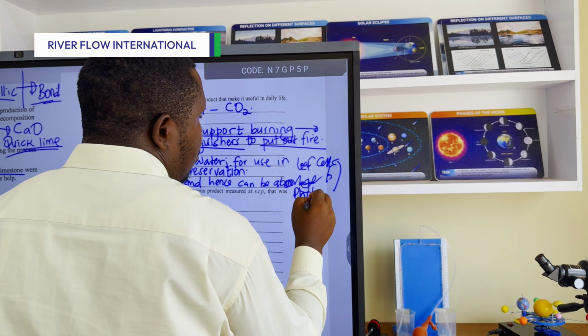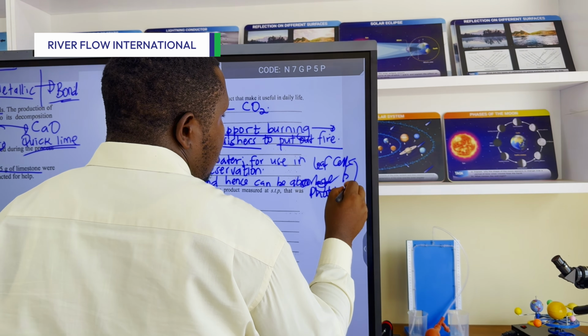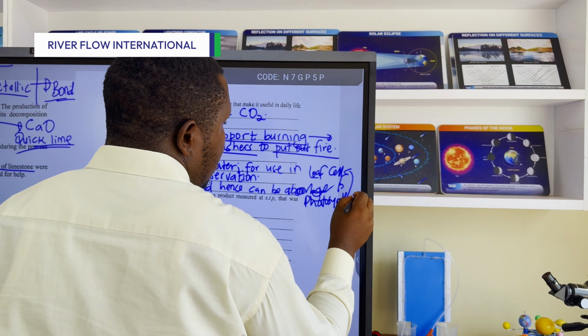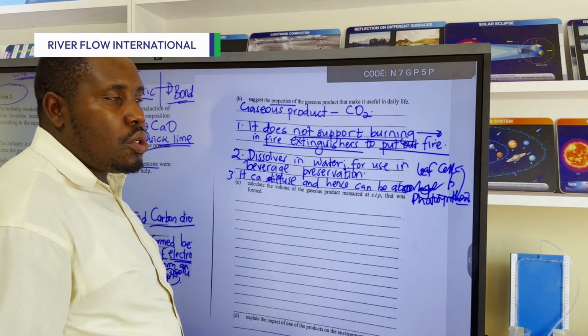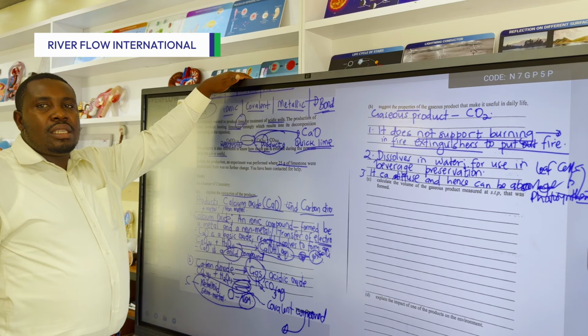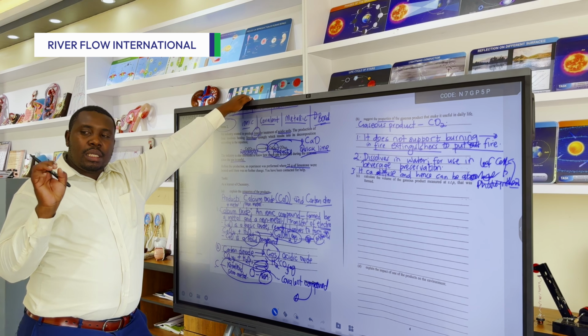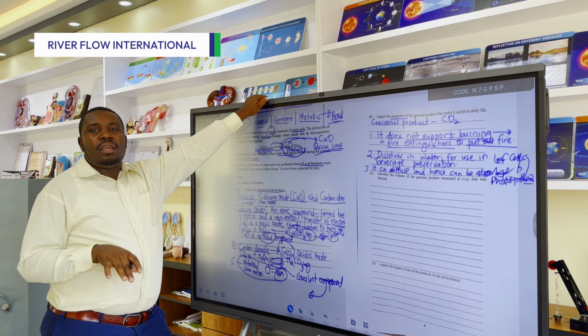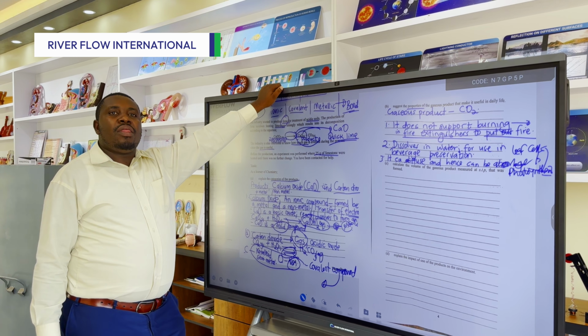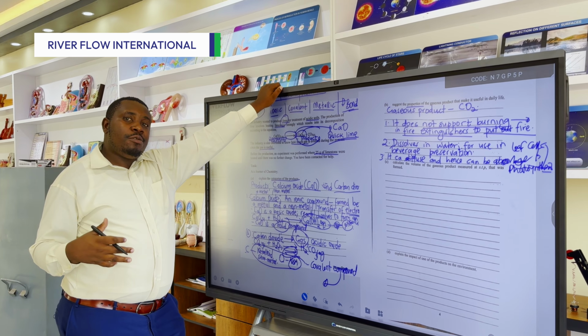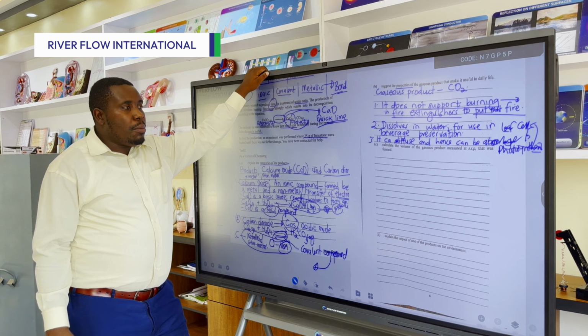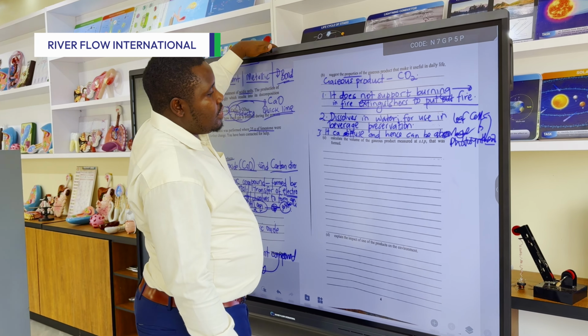For photosynthesis. This is one also of the characteristics that make it useful in the daily life. Since it can easily diffuse, its particles are very small, it can easily diffuse into cells, and therefore it can be absorbed by leaf cells to be used in the process of photosynthesis.